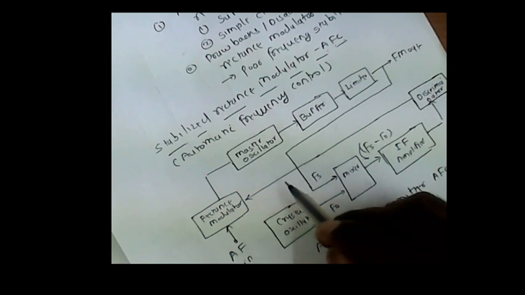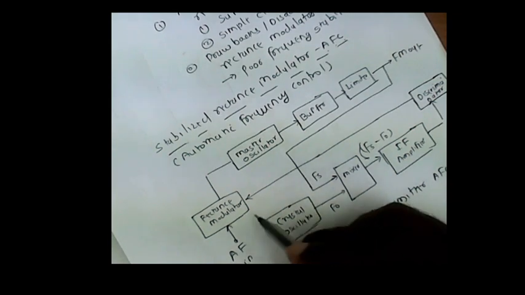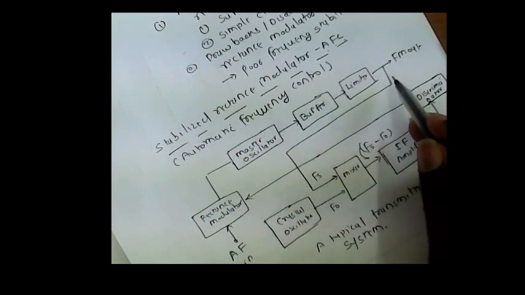So in the working, as seen, first the reactance modulator operates on the tank circuit. It is isolated by a buffer whose output goes through the amplitude limiter to power amplification by the class C amplifier. A fraction of the output is taken from the limiter and fed to the mixer, which also receives the signal from the crystal oscillator.